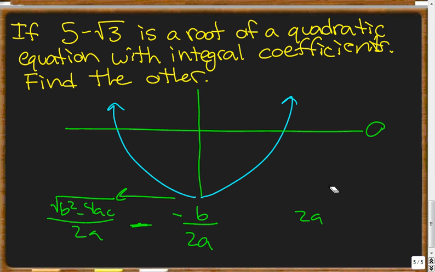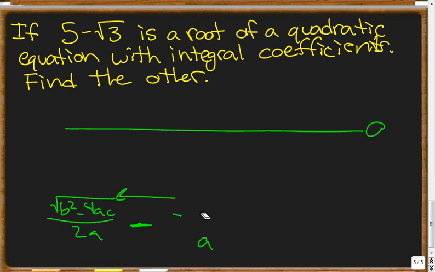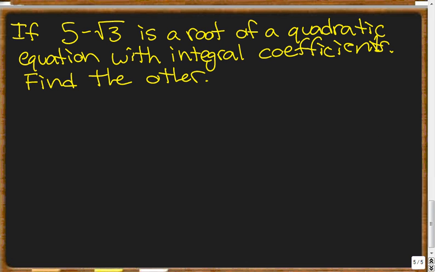Well, anytime you have a root, so if we have the root 5 minus the square root of 3, I'm going to write this like this, 5 minus the square root of 3, going that way.